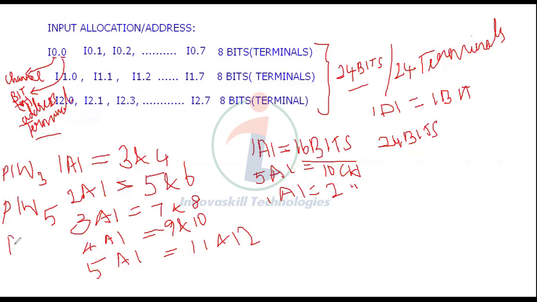The next address will be PIW7, next PIW9, after that PIW11. In this manner the address will be assigned. This is how the digital input address and analog input address have to be assigned for this particular PLC.